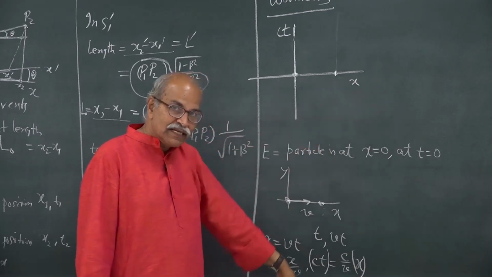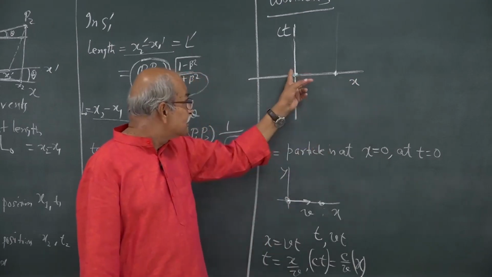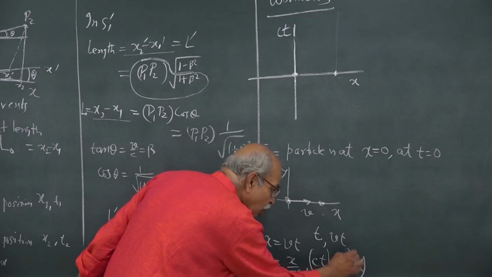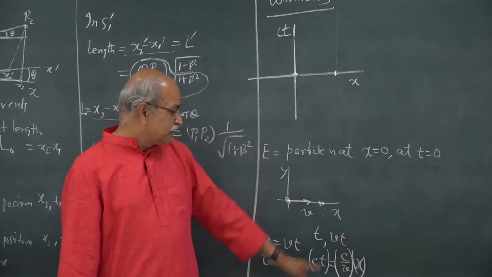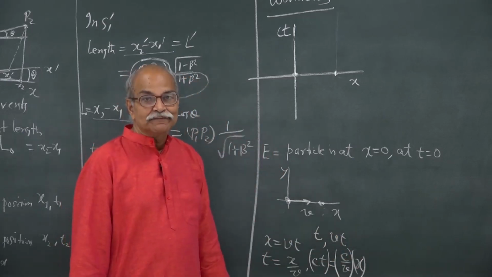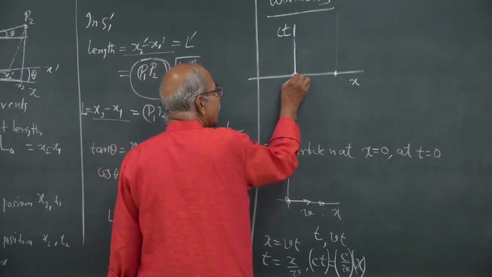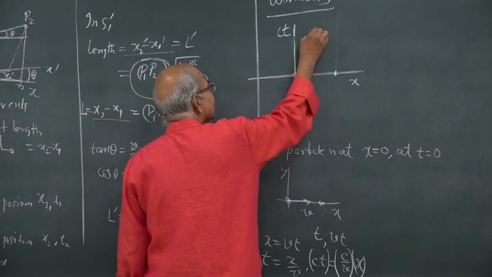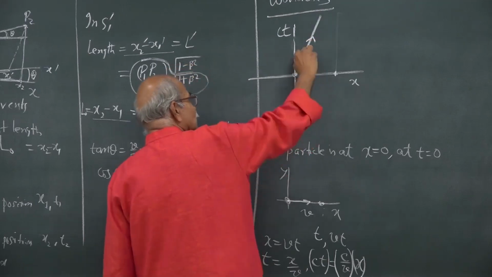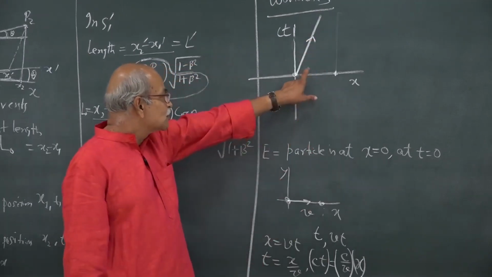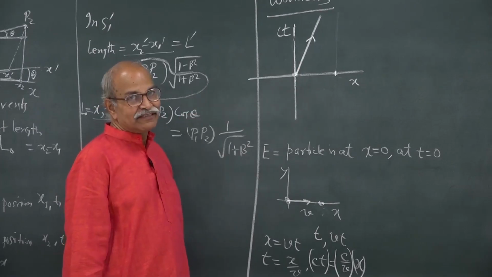So it is a straight line passing through the origin in this diagram, and the slope is c by v, which must be greater than 1. So if it moves with uniform velocity, it will have a world line something like this. The slope has to be greater than 1, so this angle has to be greater than 45 degrees.